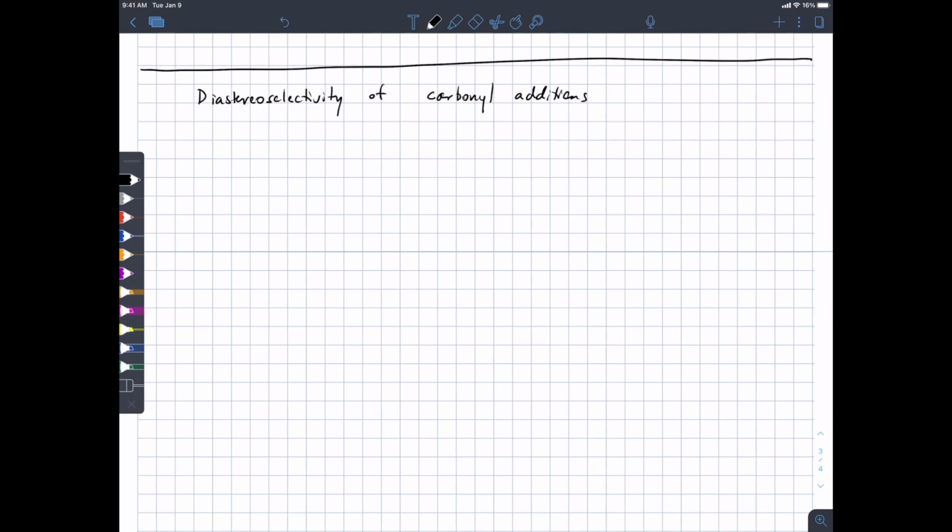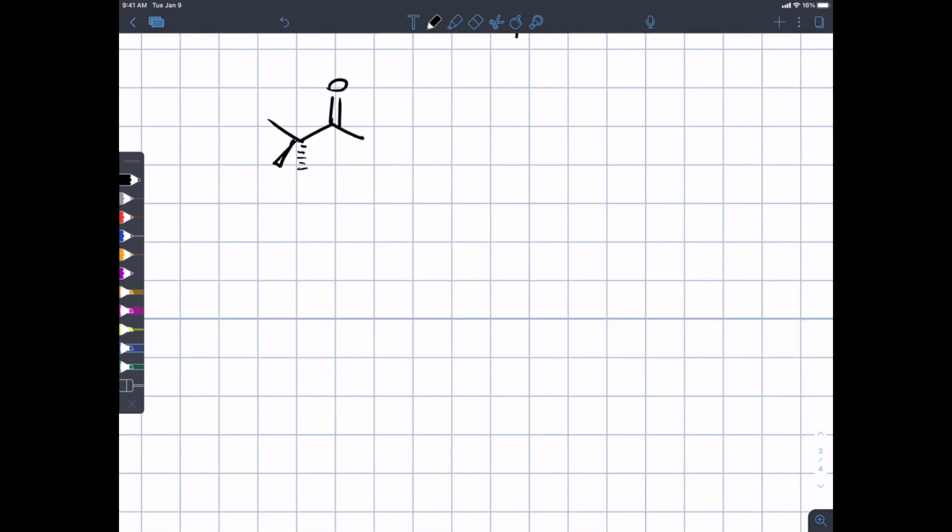The basic idea is this: if you have a stereocenter adjacent to a carbonyl, what your text does is say we have small, medium, and large groups. In any stereocenter, there are going to be 4 different groups attached, and so we're talking about a stereocenter that's adjacent to a carbonyl.